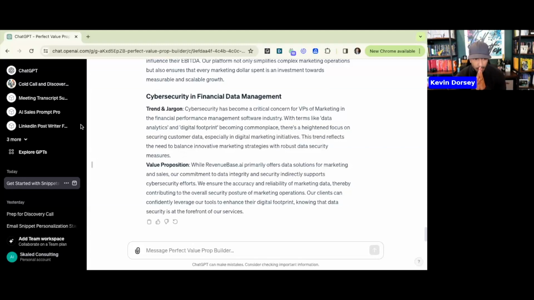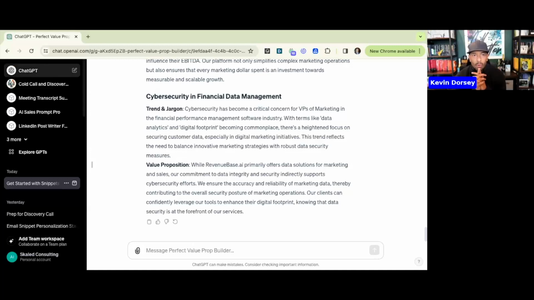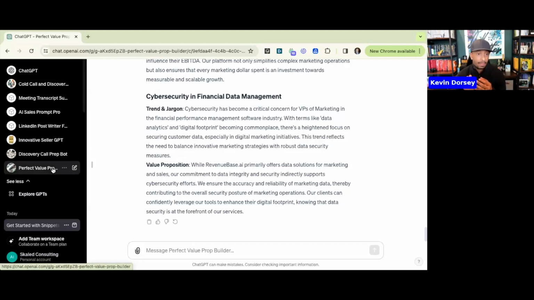Sorry. Yeah, go ahead. So could we try something here as well? Yeah. Okay. So one of the things that I like to do when I'm doing the emails is break the email out by the segment, so to speak. Meaning, write a powerful first sentence of this email, applying the trend and jargon from cybersecurity and financial data management. The goal is to pique their interest enough to open the email and keep on reading.